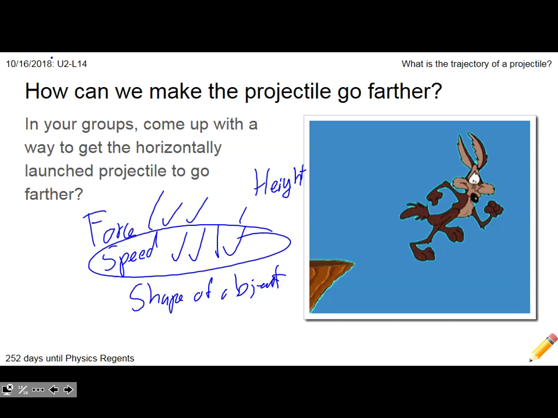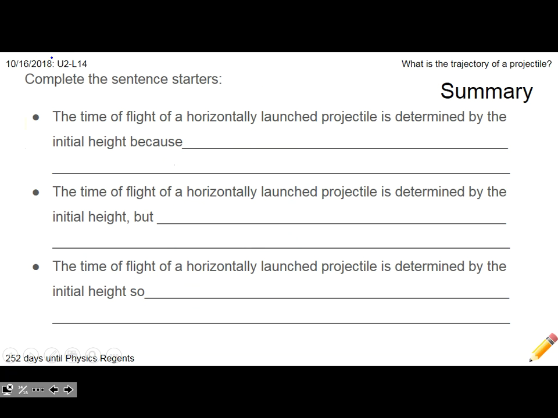So here's the last thing I'd like you to do. I want you to complete these 3 sentences in your notes. They summarize what we did today. Okay? So you can work together. You've got 2 minutes to write them in your notes. They all start the same. They just have because, but, and so in them. And they summarize what we did today.